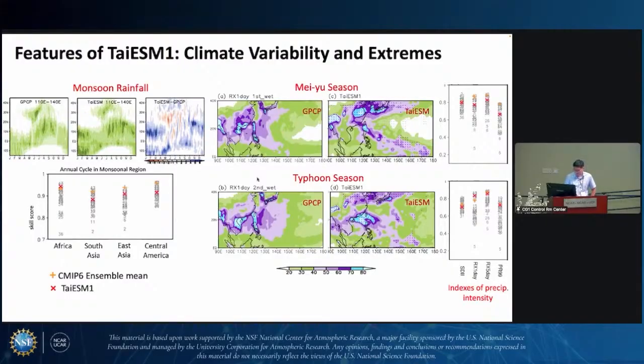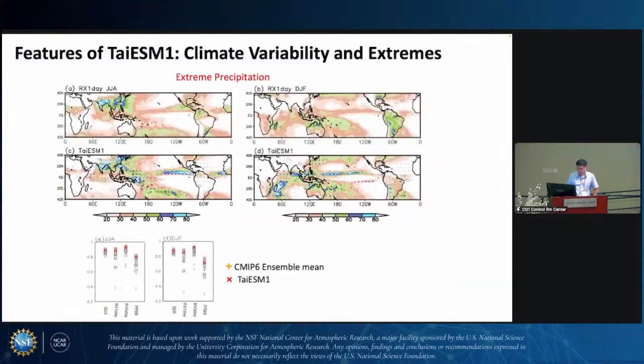As we can see, for the indexes of extreme precipitation, CESM performance is also quite good. And also for most of the tropical regions, the precipitation extremes perform pretty well.